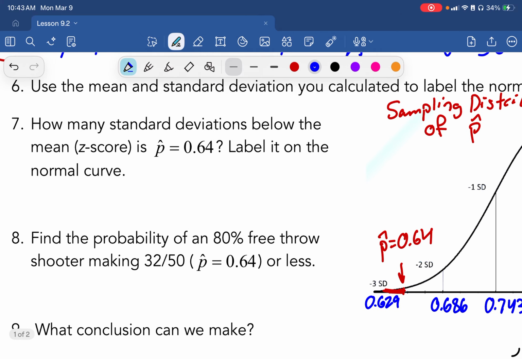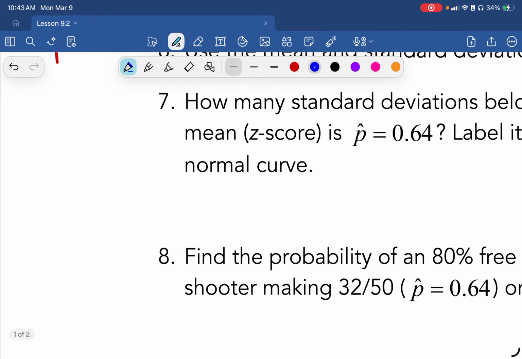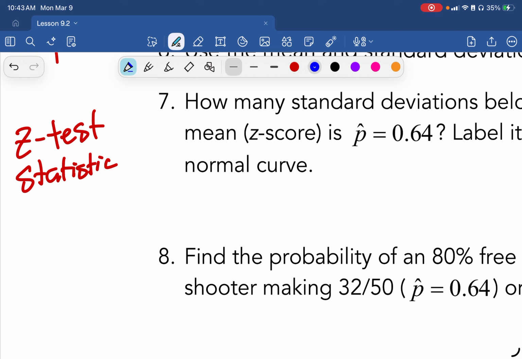Okay, so now let's talk how many standard deviations below the mean is 0.64. And we talked about it's a z-score. You see that here. What we're trying to do is we're beginning to build these z-test statistics. Now we've been doing the z one for a while, so this is going to feel pretty okay. What we're used to is that our z-score is x minus the mean divided by standard deviation.